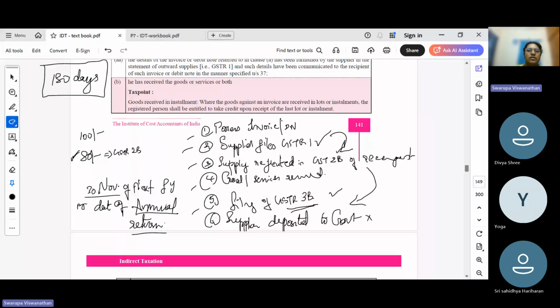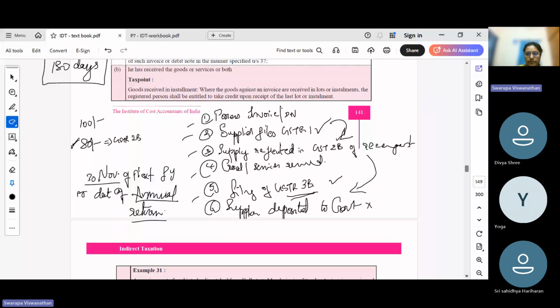So we are putting the burden on the supplier. He is depositing the money with government, but he has still not received the money. He has to collect and deposit. That is the process. So to collect, you have not paid him. Right? So within 180 days, the payment has to be made. If payment is not made to the supplier within 180 days, the credit should be reversed.